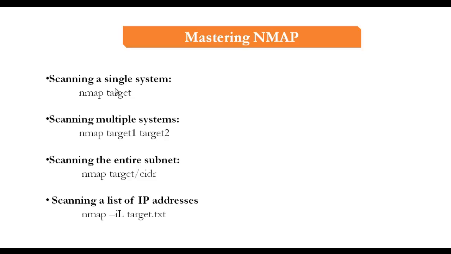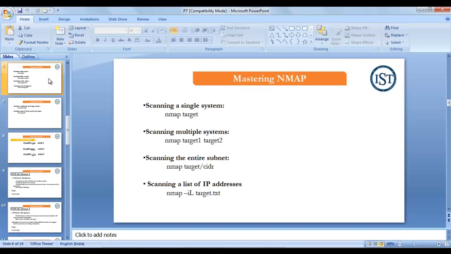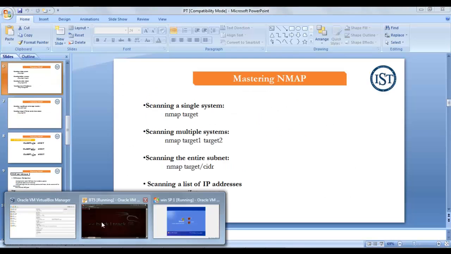To find out all this kind of information, Nmap is the very best tool, and every penetration tester must have it. We will see how to use Nmap, which is already there in Backtrack. To scan a single system using Nmap, this is the command: nmap space the IP address or the target's host name. So this is how we can scan a single system. I'll show a simple example of how we can do that.